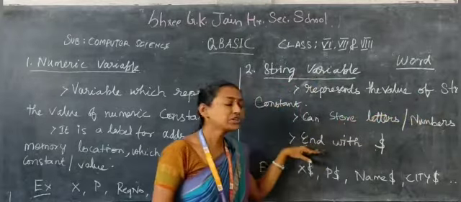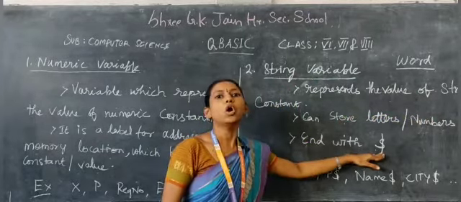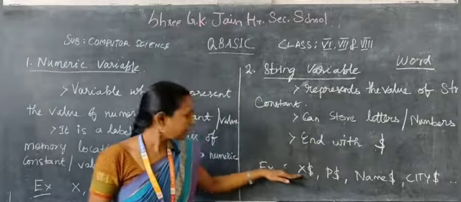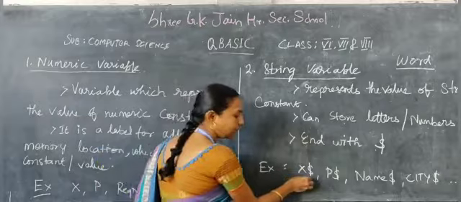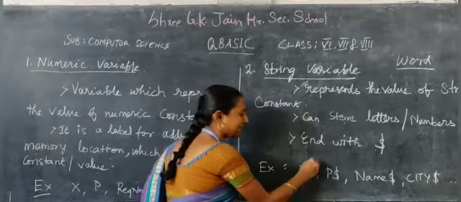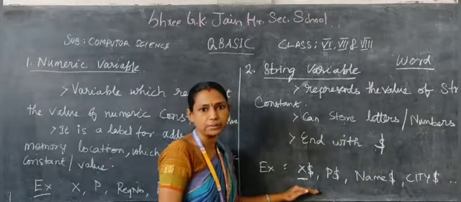Next, it should end with the dollar symbol. All the string variables should end with the dollar symbol. See, these are the examples for the string variable. See, this is the variable name. If the variable name is ending with the dollar symbol, it is known as a string variable.